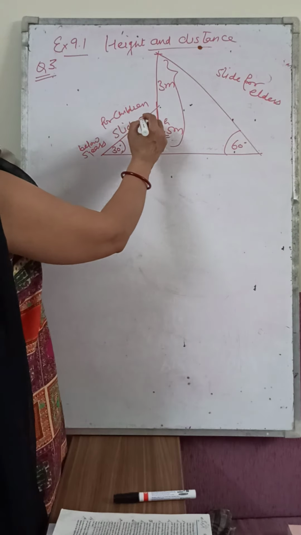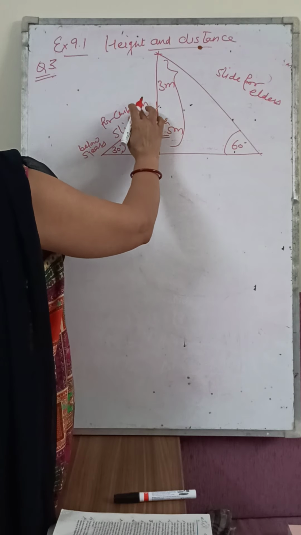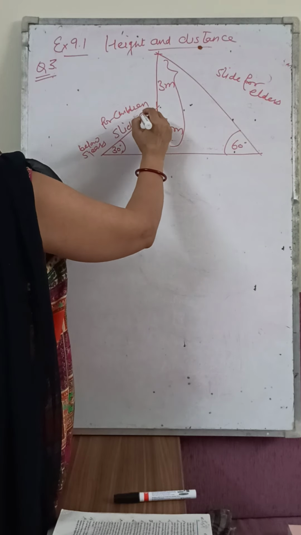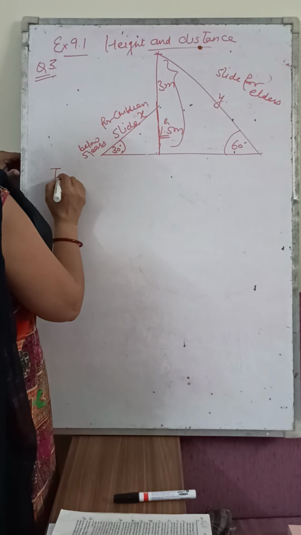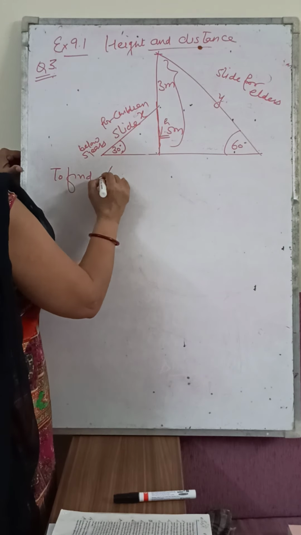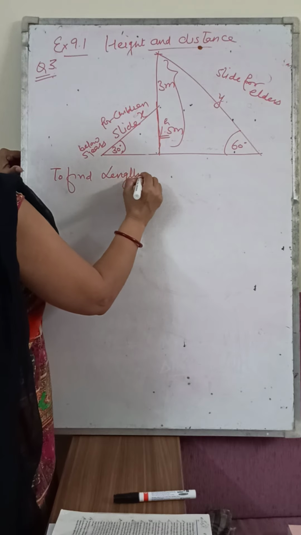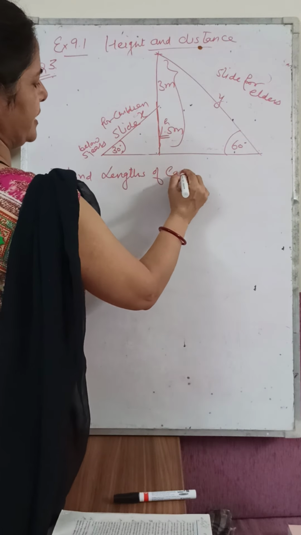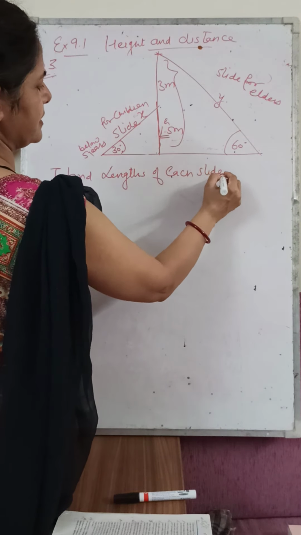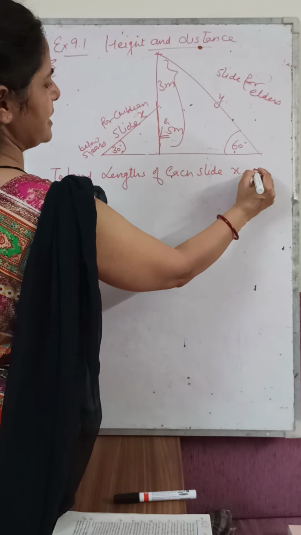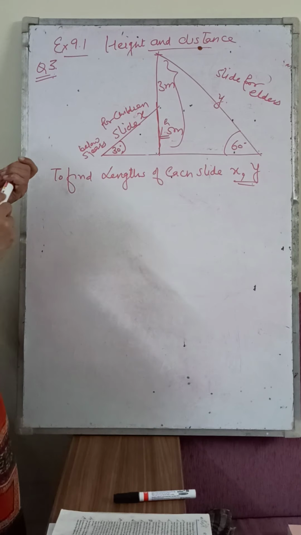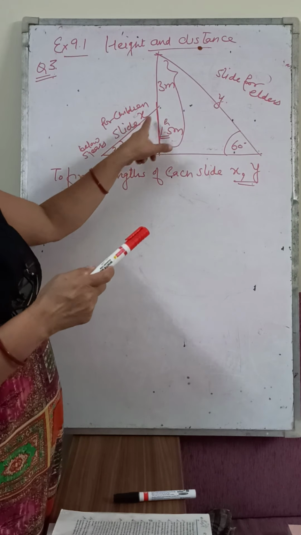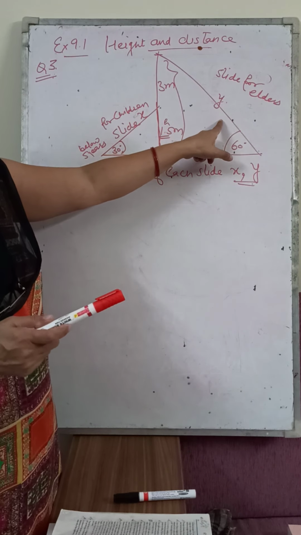So you have to find this length x and this length. So you have to find length of each slide. Each slide means x and y. You have to find x also and y also.